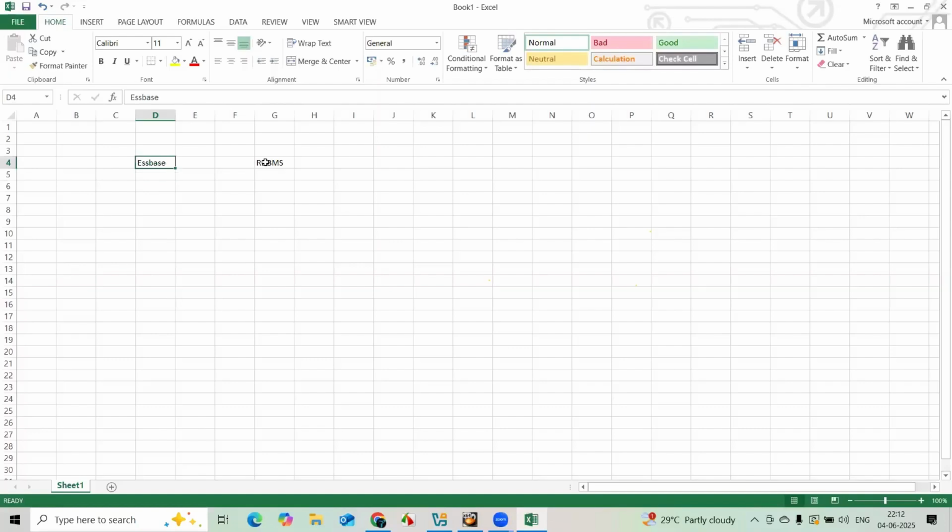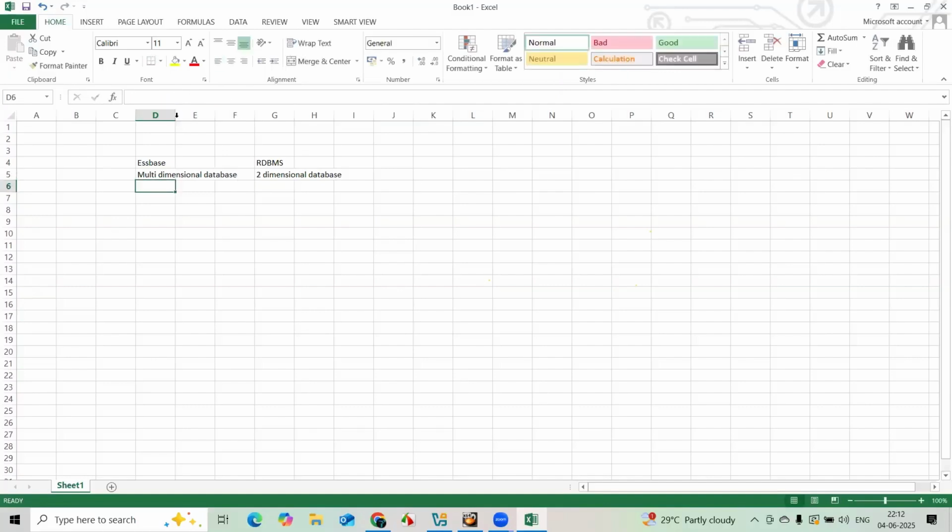So when is Essbase used and when is the RDBMS, the relational database management system, which is nothing but an SQL table, used? The difference between these two is that RDBMS, as everybody knows, is a two-dimensional database. It will only have rows and columns, like two dimensions, right? Whereas Essbase is a multi-dimensional database.